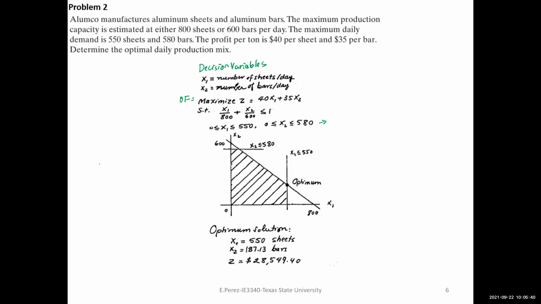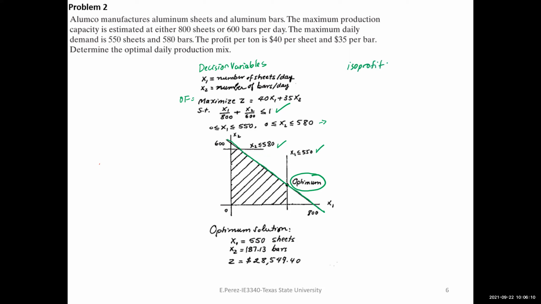And then when we plot the constraints, we have one constraint for the bounds of x2, one constraint for the bounds of x1, and then we have this constraint that goes cutting those two. So again, in order to know that this is the optimal solution, we have to find the isoprofit line.